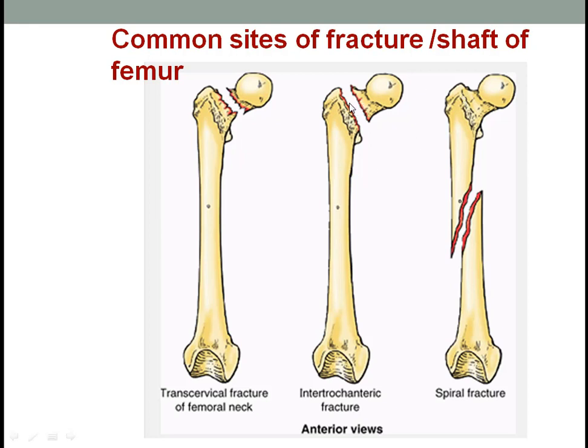Another common type of fracture is the intertrochanteric fracture. Also we have shaft fracture, as you see in this slide, spiral fracture, and even distal femur fracture, which can sometimes involve the knee joint.